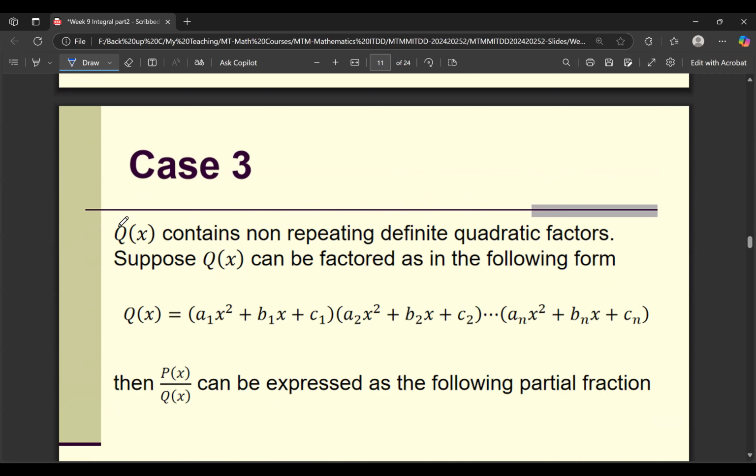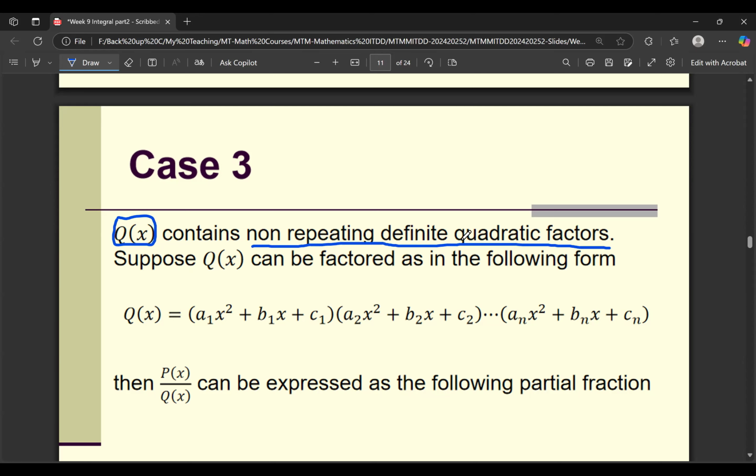Case 3 says that if Q(x) contains non-repeating definite quadratic factors.